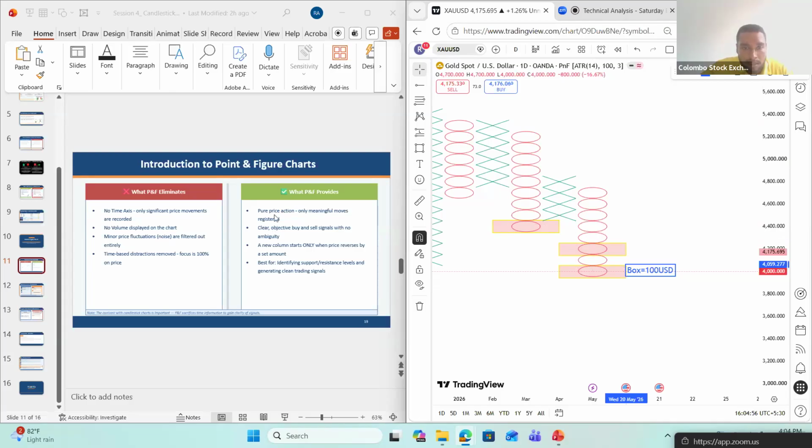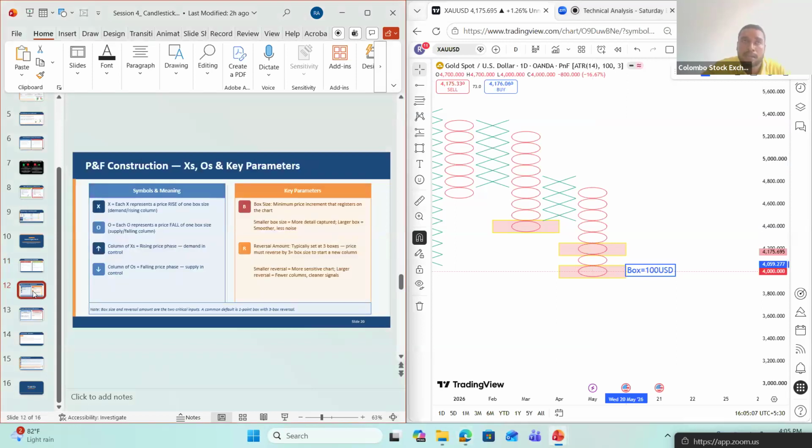So here what we are seeing is the price action, and we can get some buying and selling signals from these point and figure charts. That is actually important, not how we form the chart. Also, X is when the price is going up, O is when the price is going down.